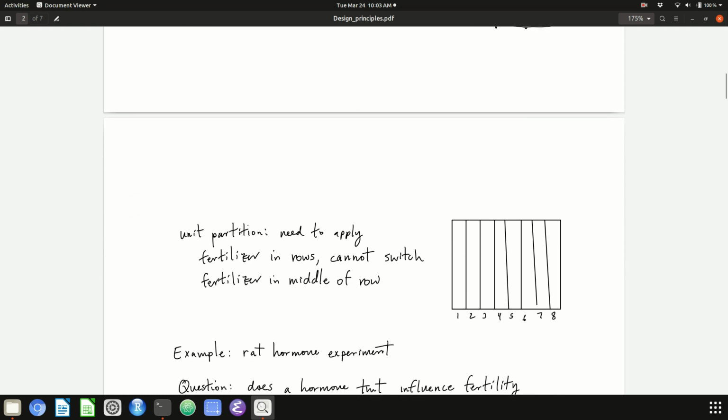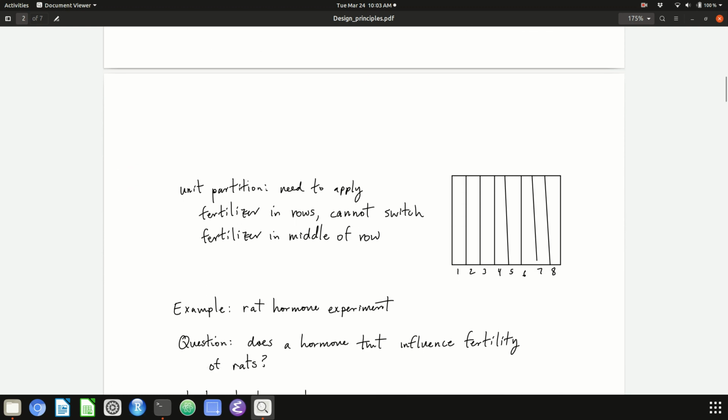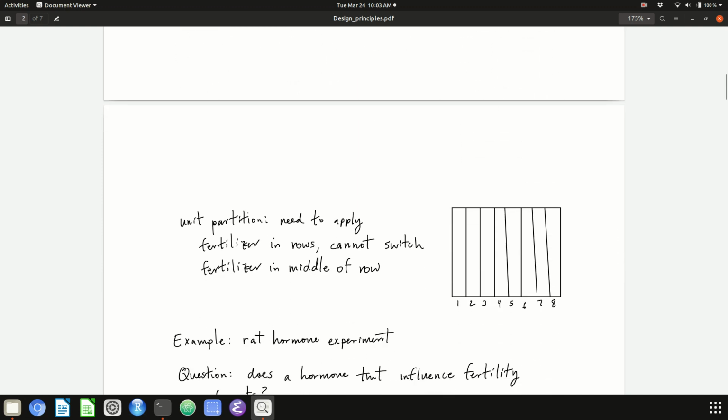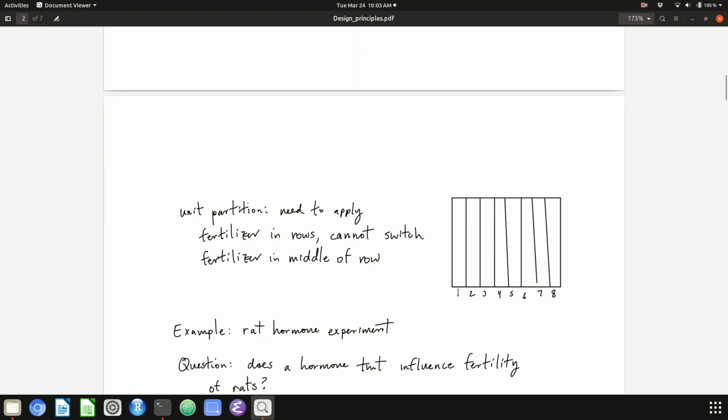Now, if you've ever done agricultural experiments or worked in farming, this would be a really annoying experimental design. So if you did old fertilizer, new, old. The reason is that typically fields are divided up into rows because to apply the fertilizer, you have to drive the tractor up a row of the field, and there'll be a spreader attached to the back of it that spreads the fertilizer as the tractor drives up the field.